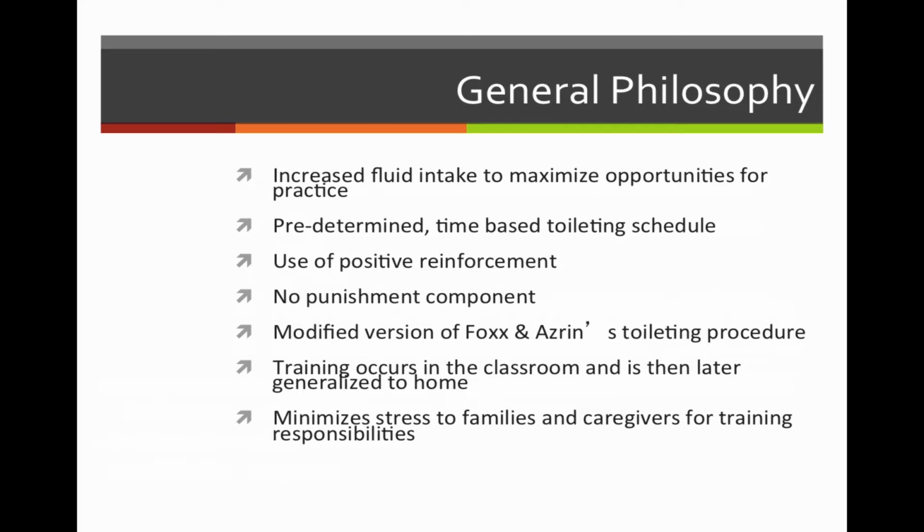We're also going to use a predetermined toilet-based schedule. So it might seem a little gestalt, if you will, but it works. It's the same thing as just over practice in some ways. But we're going to use a lot of positive reinforcement and absolutely no punishment.